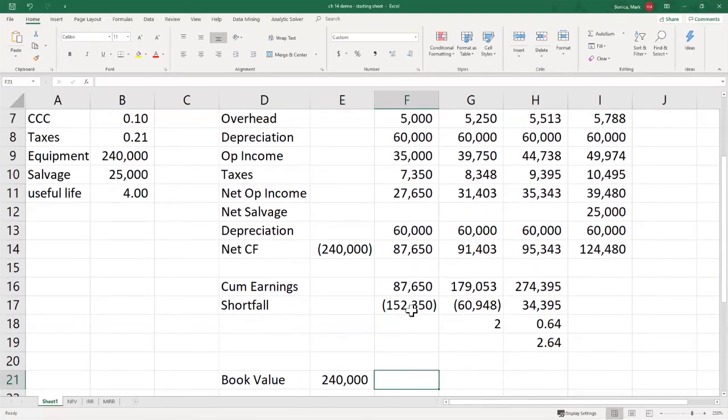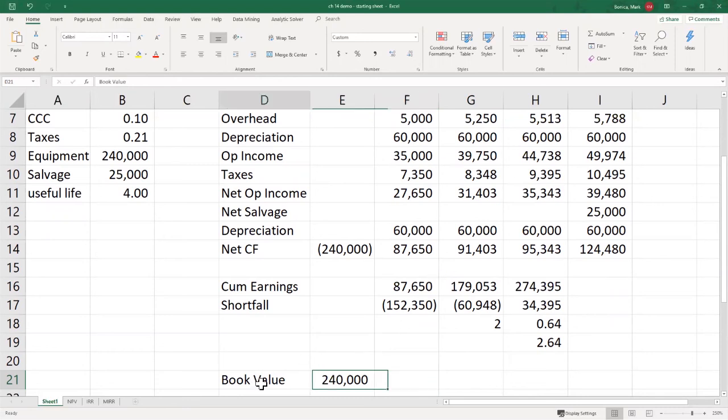Now I'm going to get the book value. The book value is the value that we would report to the IRS about the asset that we own, this scanner or whatever we said it was.